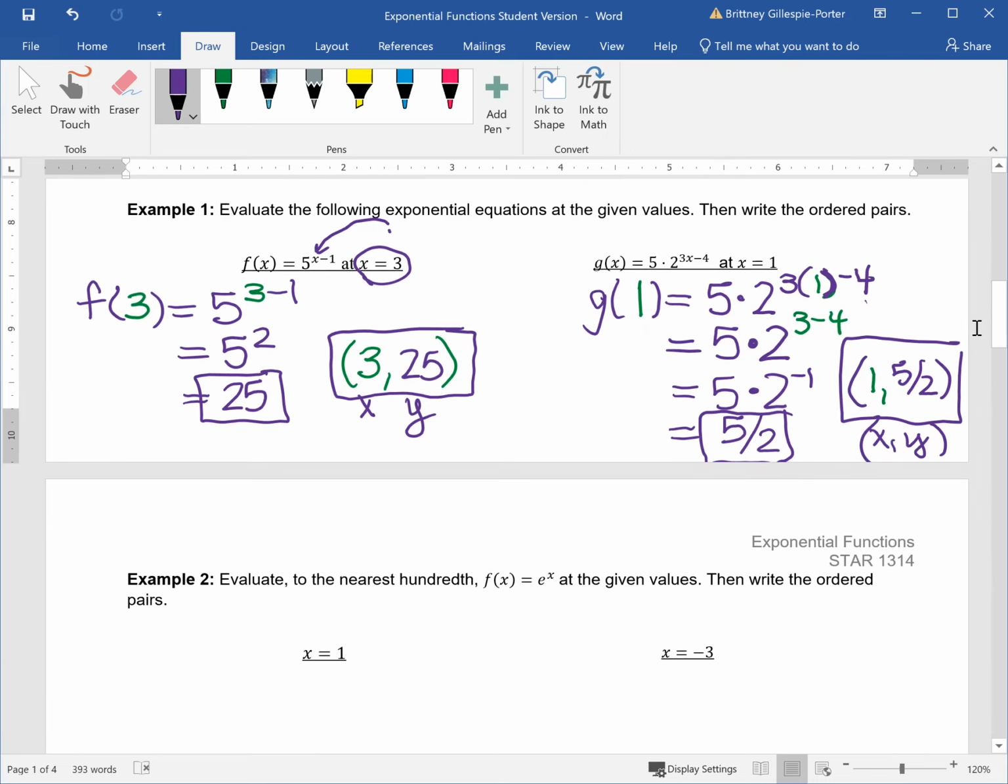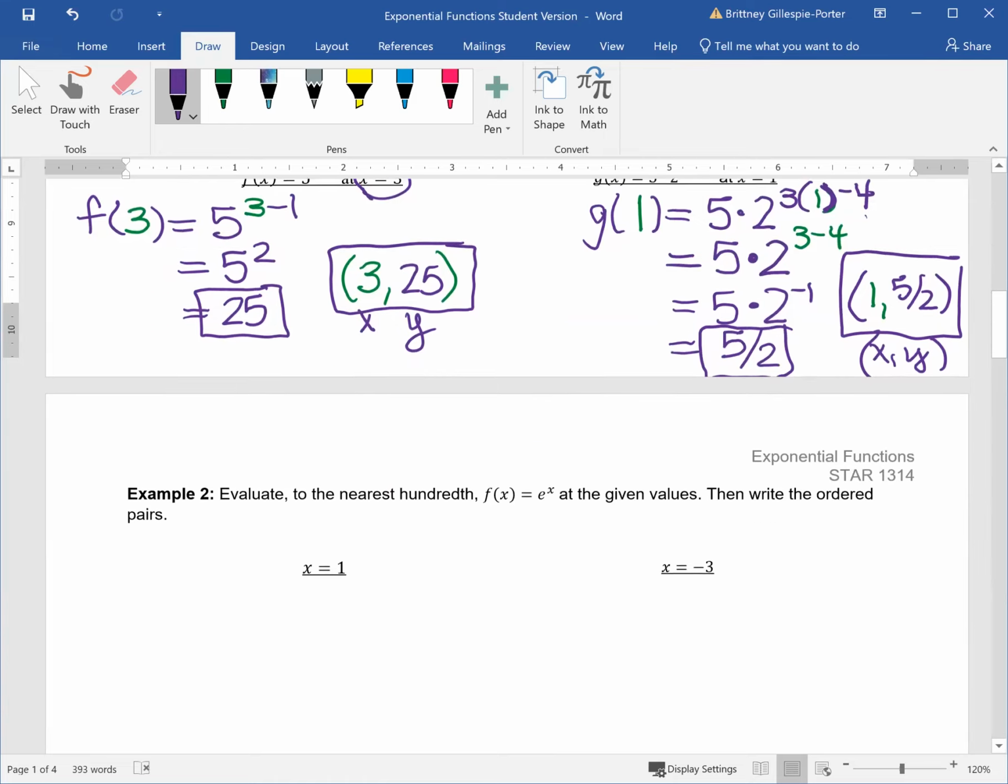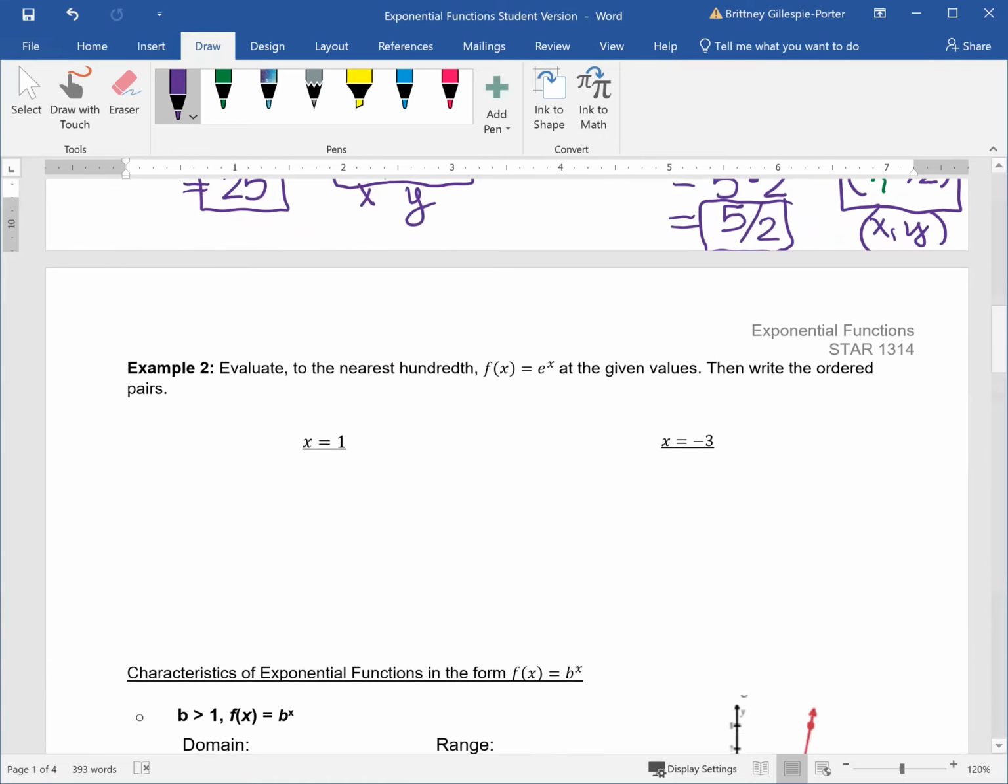This time they want us to do the same thing, but we're going to be using the natural exponential, the e to the x. So this time when we're finding f of 1, we're going to have e to the 1. Now, if you are on a TI 83 or 84, to find your E button, you are going to press your second button on the left-hand side, normally blue or yellow.